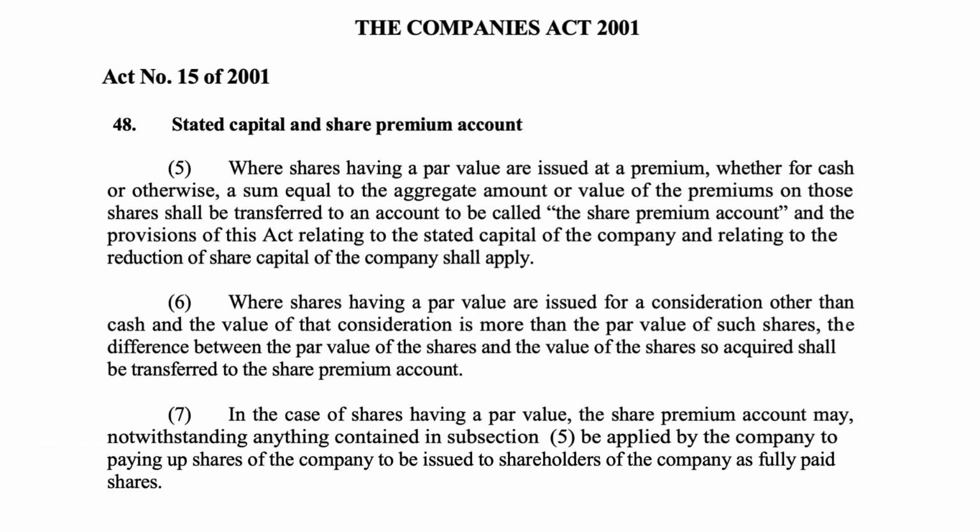Subsection 7 argues that for shares with a par value, the company has the option to utilize the share premium account despite the provisions of subsection 5 to fully pay up the shares to be issued to shareholders as fully paid shares.